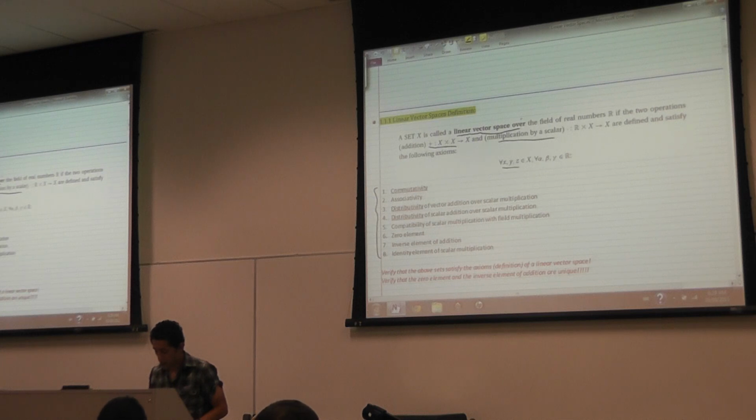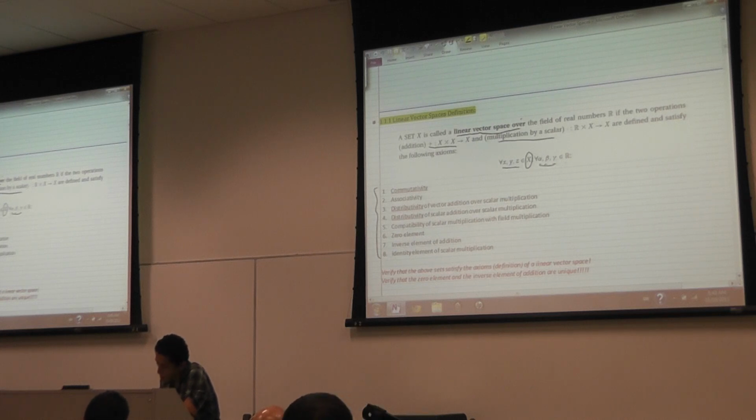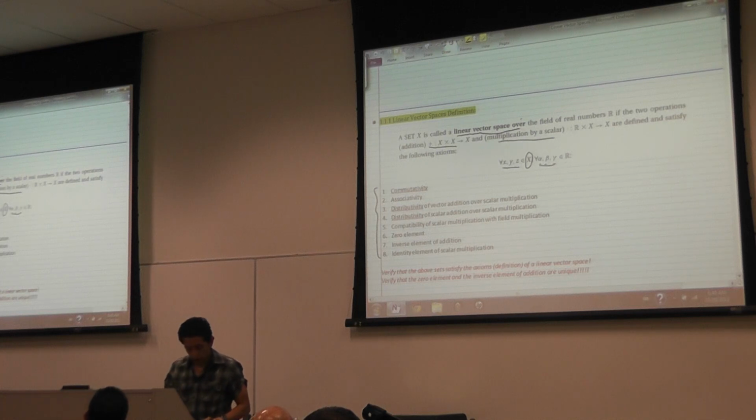For every x, y, and z in the linear vector space, and for every three real numbers, the following are the axioms of a linear vector space.